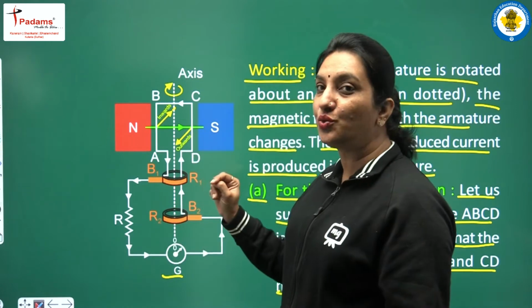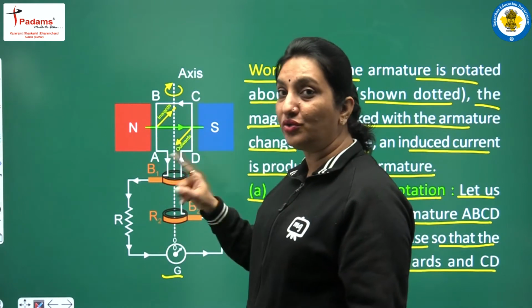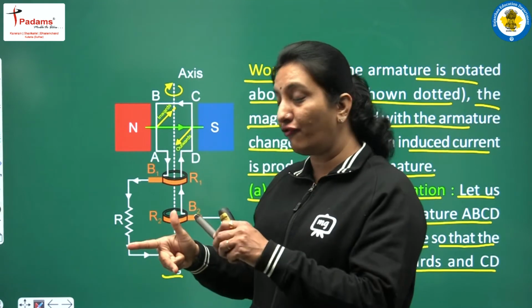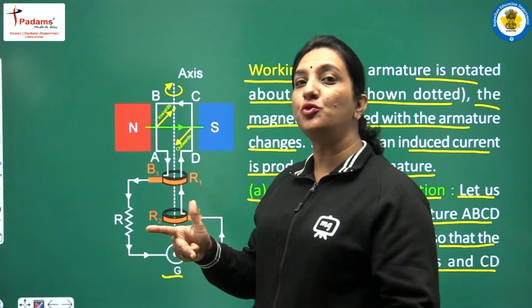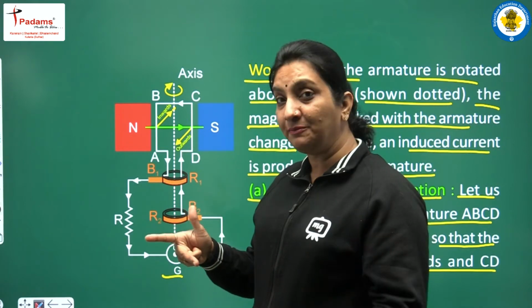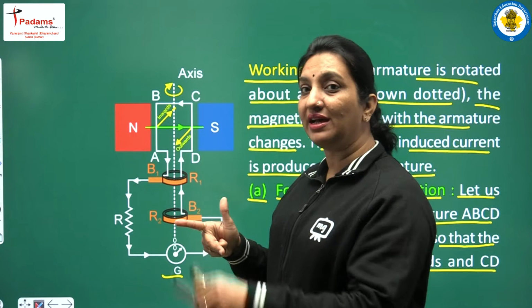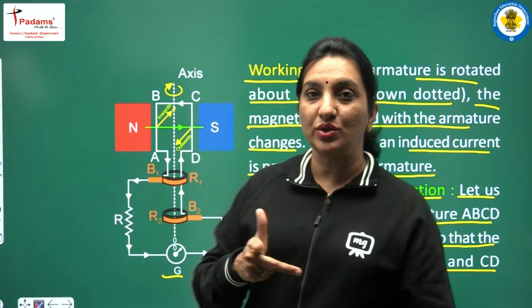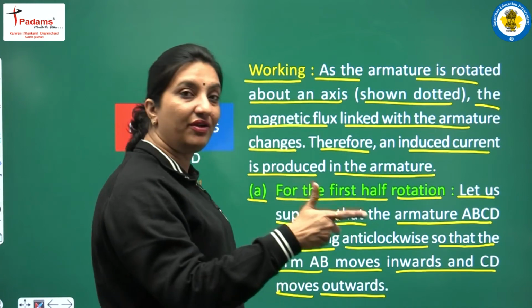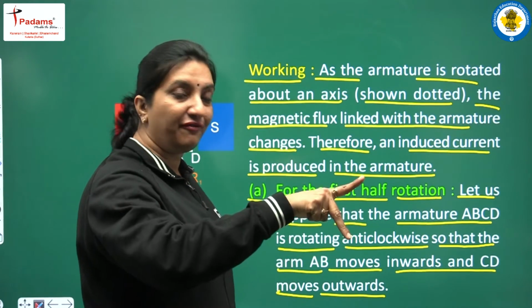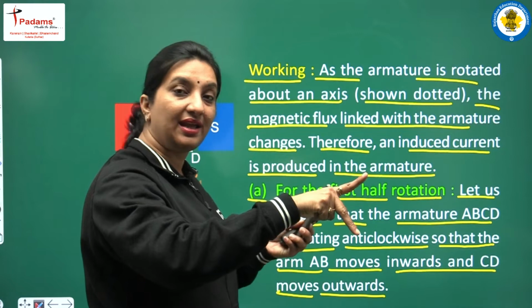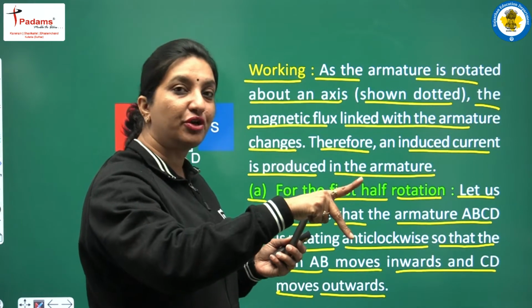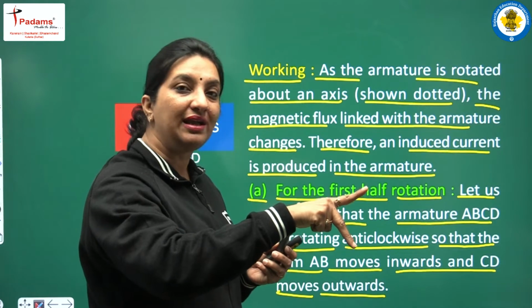So first let us do it for the AB arm. Since the AB arm is moving inwards, the direction of force, that is the thumb, has to point inwards, and the forefinger has to point towards the magnetic field. Students, as you see, the magnetic field is in this direction and the AB arm is moving inwards.